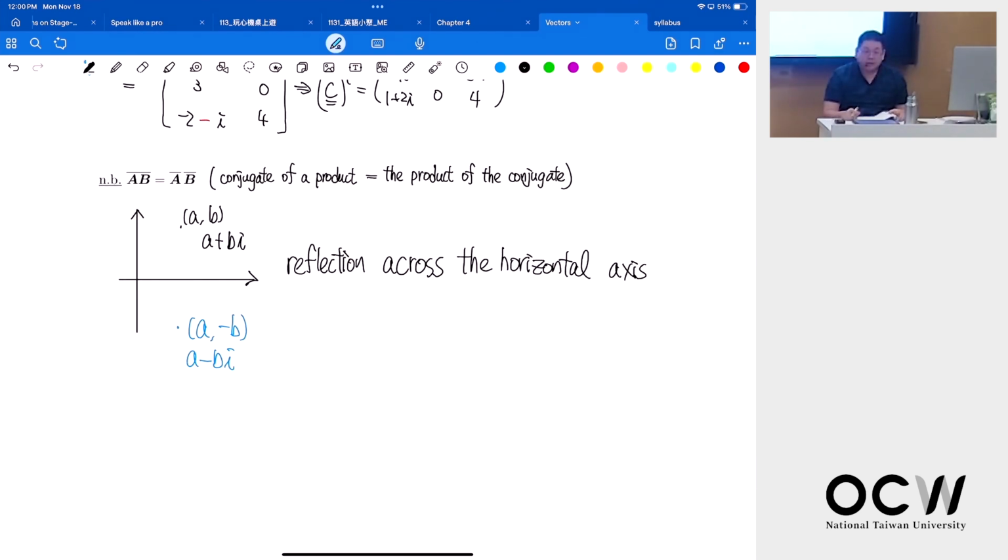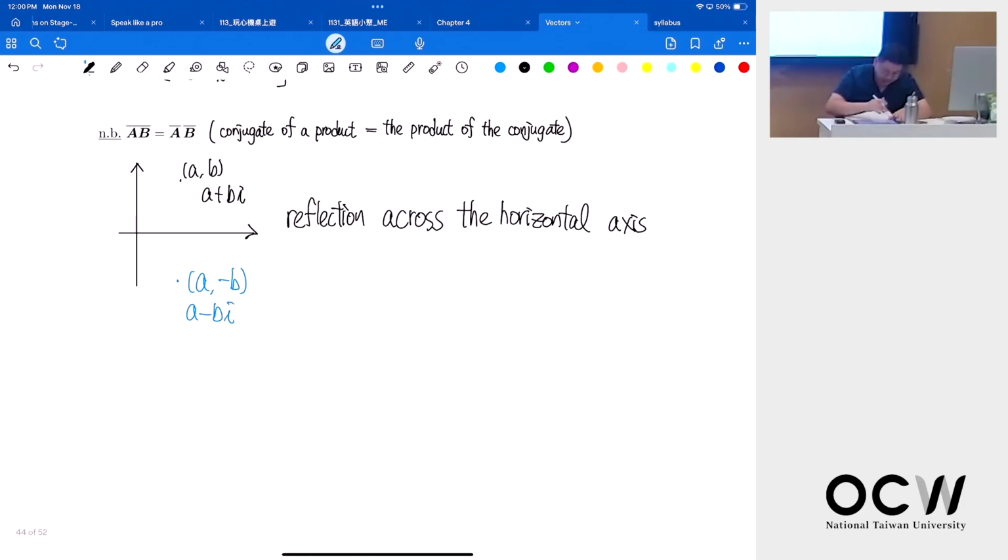Alright, so now we are going to prove the theorem. The eigenvalues of a real symmetric matrix are real. If you have a real symmetric matrix, then the eigenvalue should also be real. So how do we prove this? Here is the proof. Let's have an m by m matrix A, and this is a real symmetric matrix.